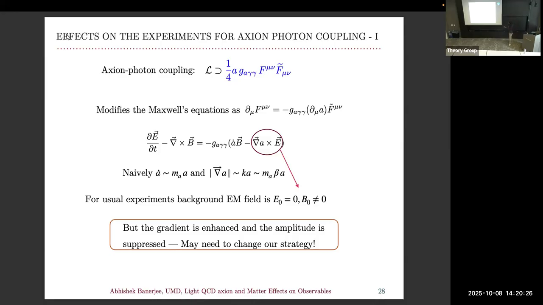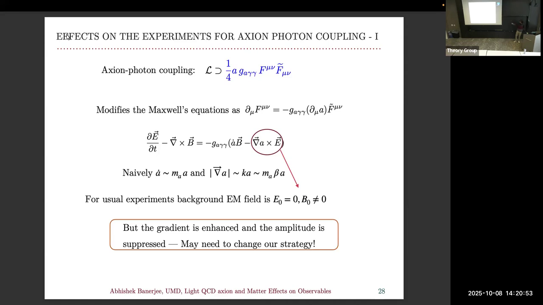So in the usual experiments, we have the background electric field, set it to 0. We put in a magnetic field and we just try to pick out the axion-induced electric or magnetic field. That's the setup that we have. But now the gradient is enhanced. So grad a is enhanced, a is actually suppressed. So maybe we need to change the strategy of looking for the axion photon coupling.